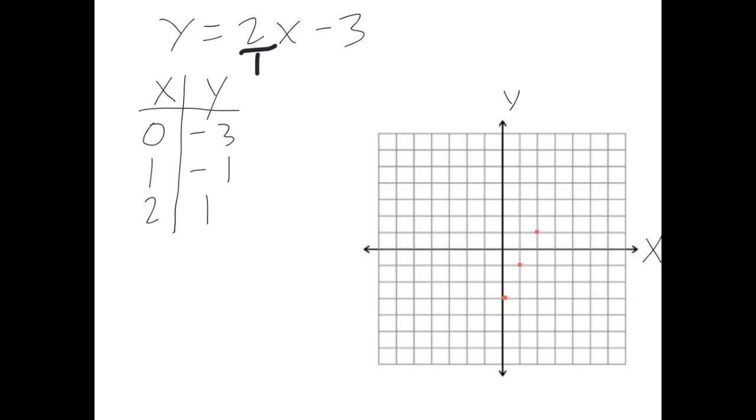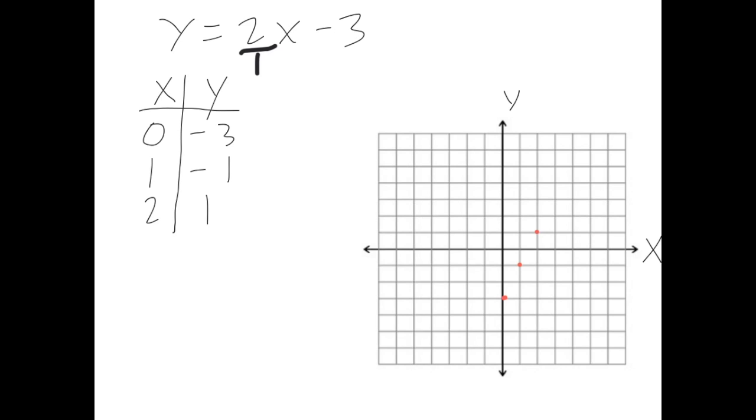Notice that the points we made, 0, -3 here, is 0, -3 here. Here we have 1, -1, 1, -1, and 2, 1, 2, 1. So they'll give you the same points either way. But it's good to always see the differences that each style uses.